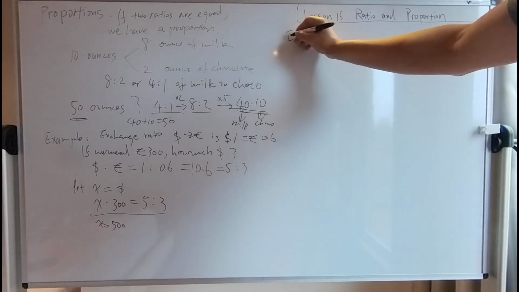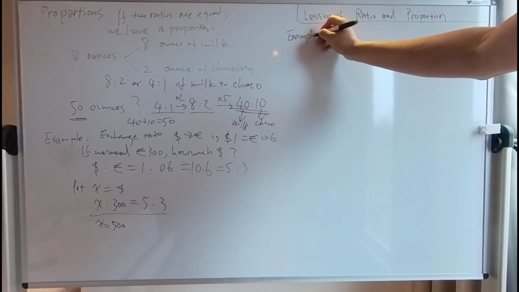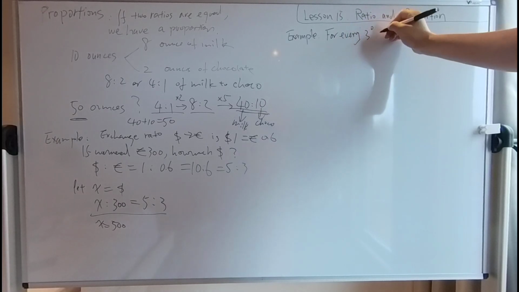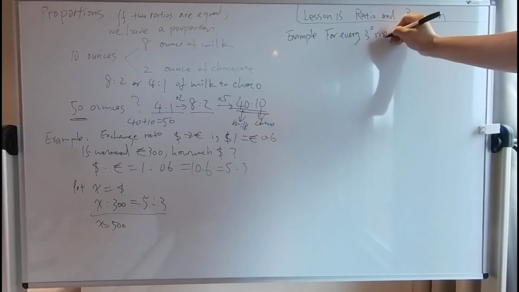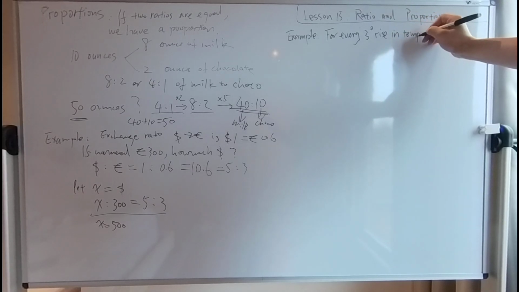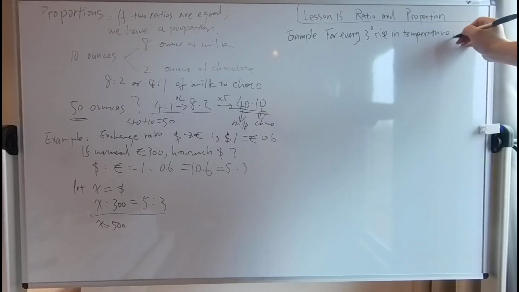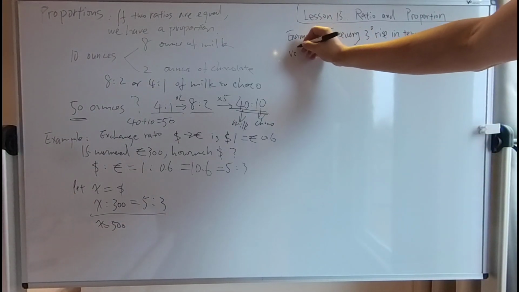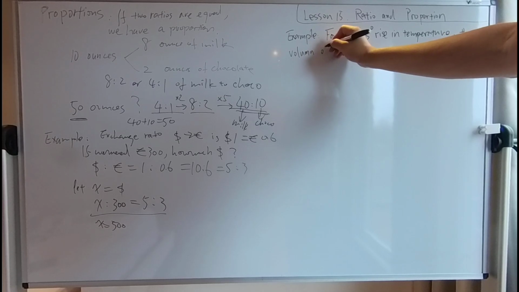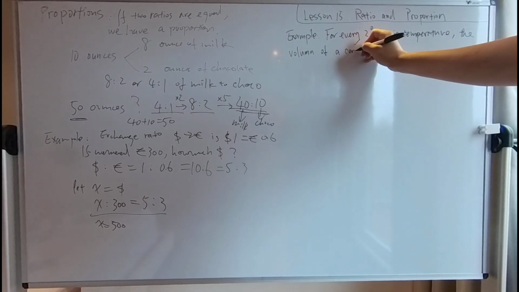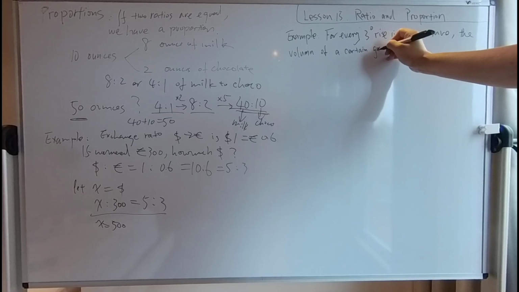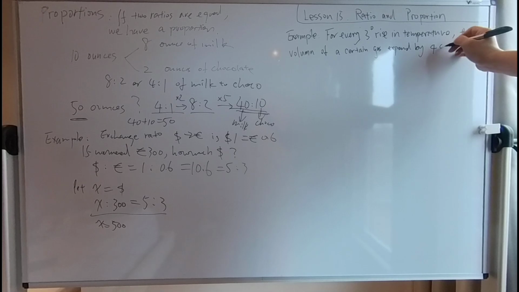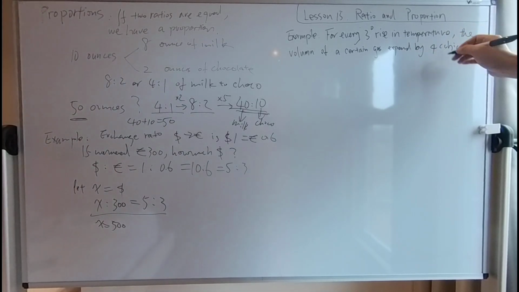Let's see one last example. For every 3 degree rise in temperature, the volume of a certain gas expands by 4 cubic centimeters.